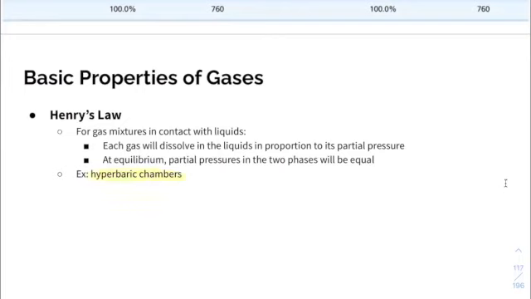This is where we start using hyperbaric chambers. This is how Henry's law was discovered, using these hyperbaric chambers. What it does is it uses the pressure to cause more oxygen to dissolve into the blood.